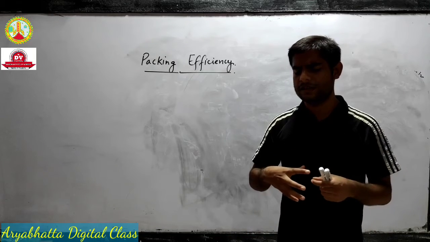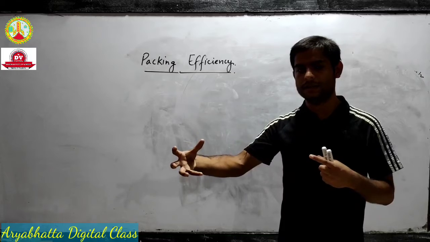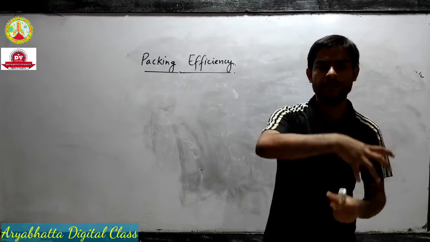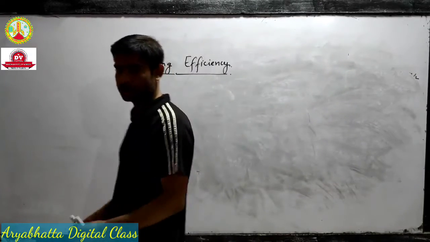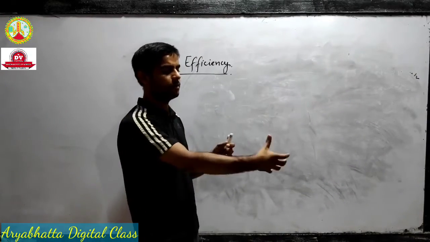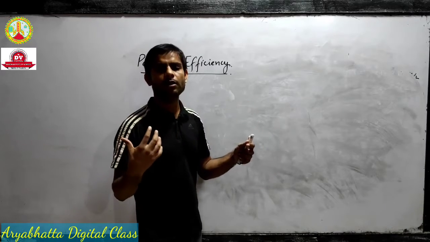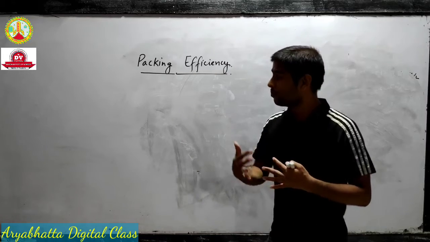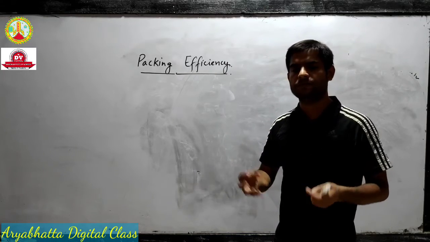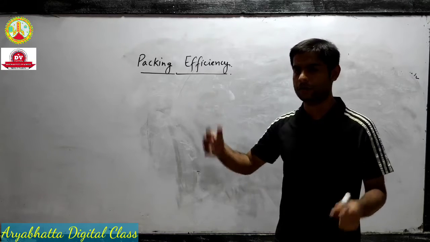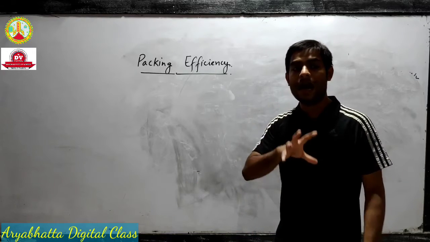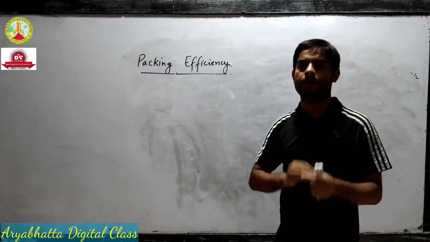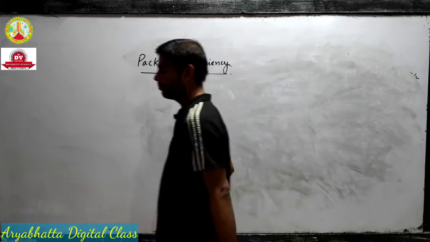It was the heat supplied, and the energy converted to useful mechanical work. That means the energy that we supplied and the energy that we got as output. So it was output by input. An efficient engine means a lower input and a greater output. It is all about how good anything is. Greater efficiency implies better performance or better ability.